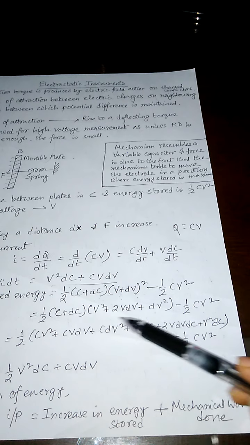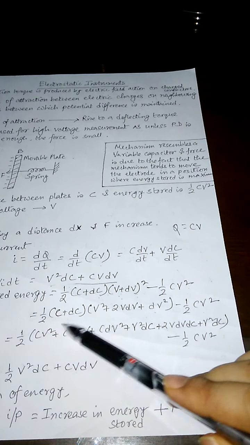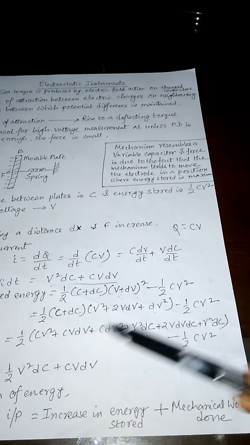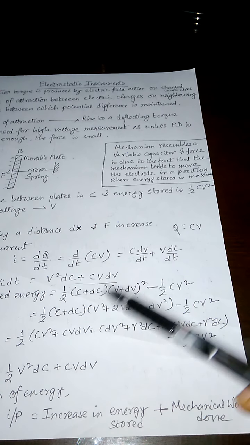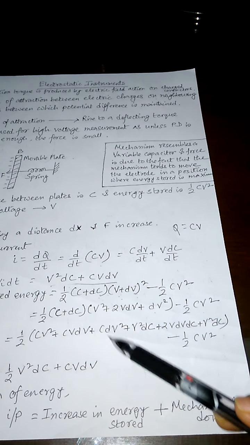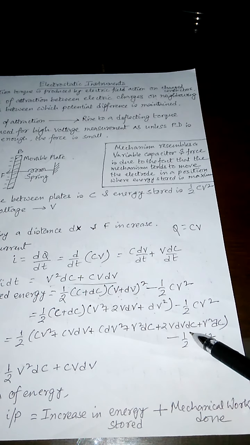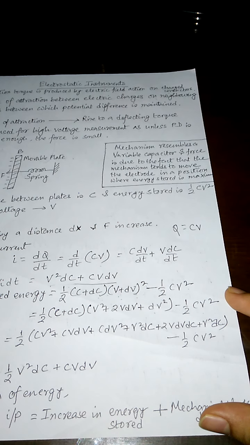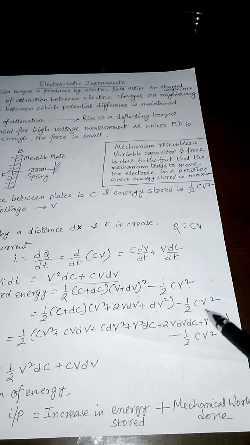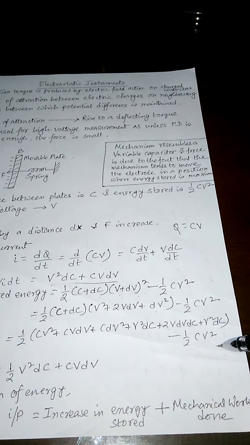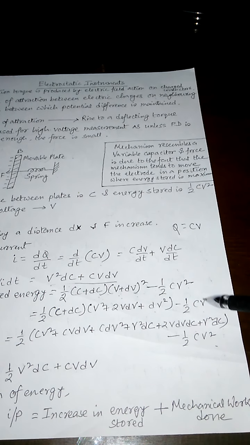Now multiplying these two factors, we get CV square, CV dV, then C dV square plus V square dC plus 2V dV dC plus dV square dC, minus half CV square. So this is the initial energy.